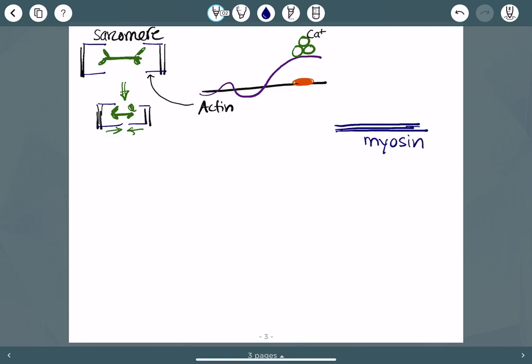In the resting position of myosin, or sometimes referred to as the low energy position of myosin, the head of that myosin is at a certain conformational position. And the reason it's called low energy or resting is you can imagine a myosin head as almost a slingshot, right? And the rubber of the slingshot gets pulled back.